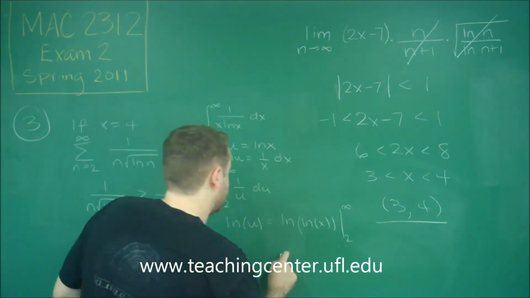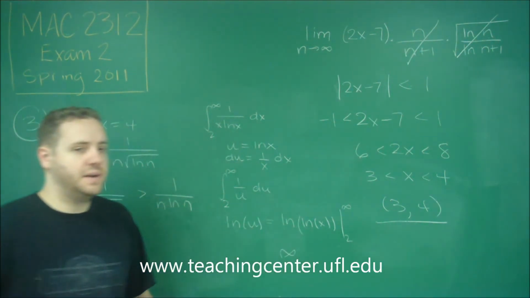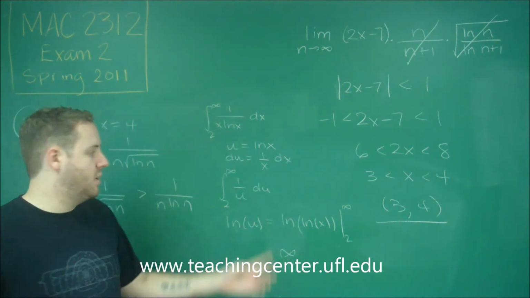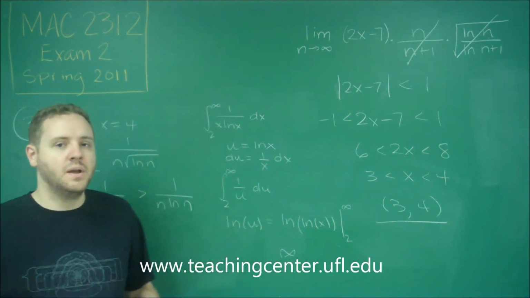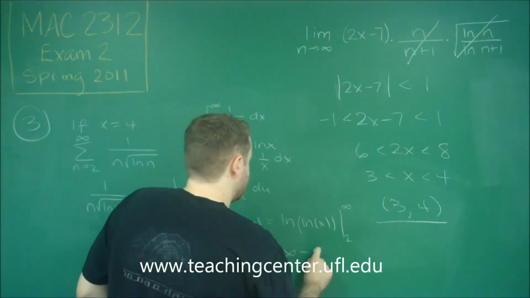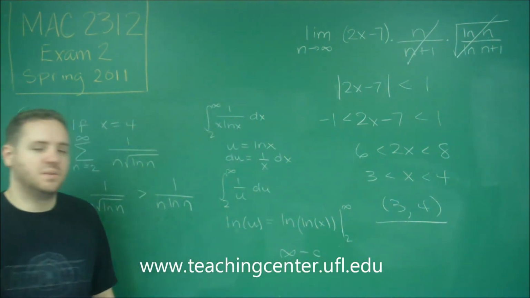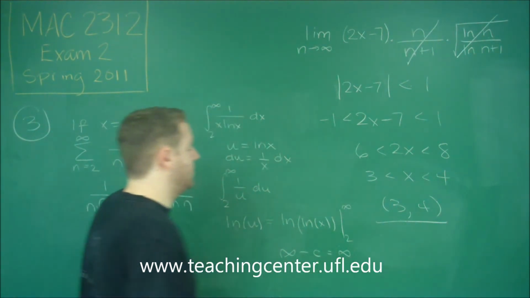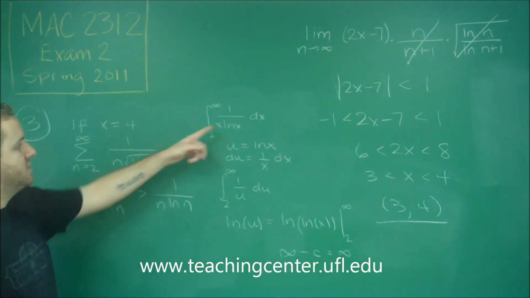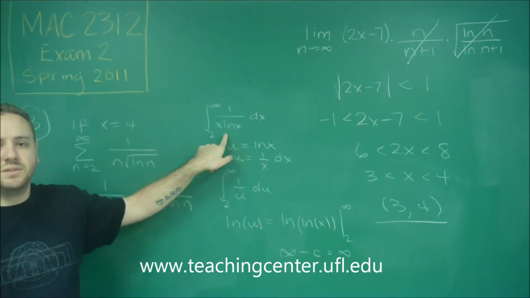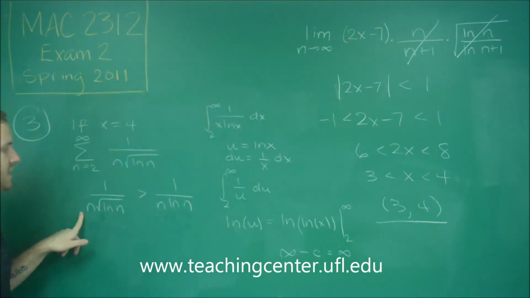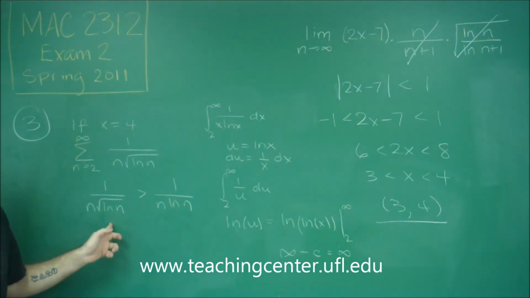So the top bound here gives you a positive infinity. When you plug in 2, ln 2 is some number, and when you do ln of that, you get another number. It's a constant, which when you're dealing with infinities, doesn't really matter. We get infinity, meaning that by the integral test, this function diverges. That means since this diverges and this is greater than it, this definitely diverges.